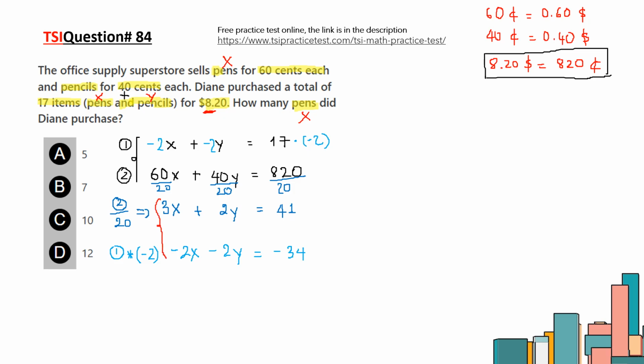Now I just add the equations up, left to left, right to right.